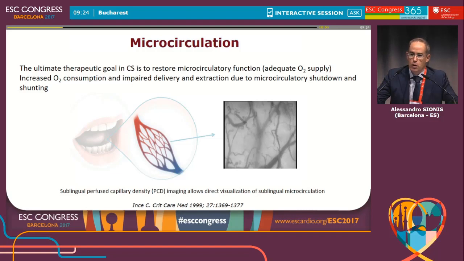This is what goes first in cardiogenic shock patients. You have an increase in oxygen consumption, and you have impaired delivery and extraction due to the microcirculatory shutdown and shunting. And you can actually, as Professor Rins mentioned before, monitor this by sublingual perfused capillary density.